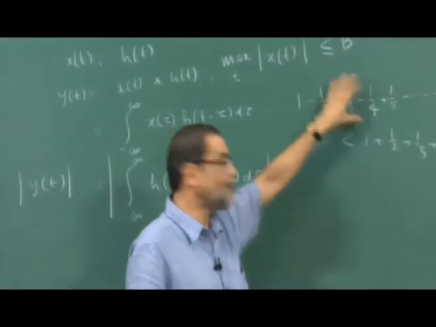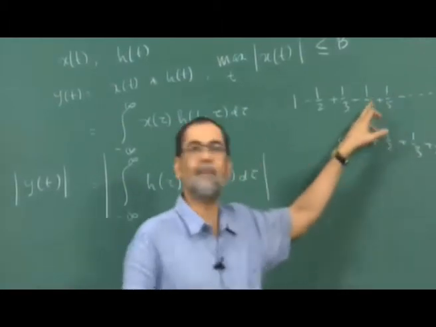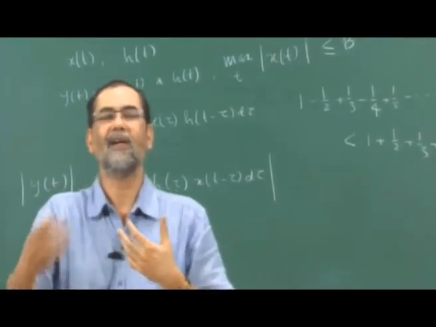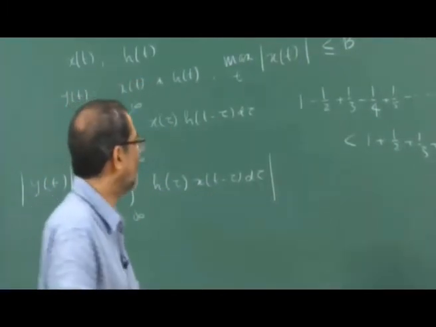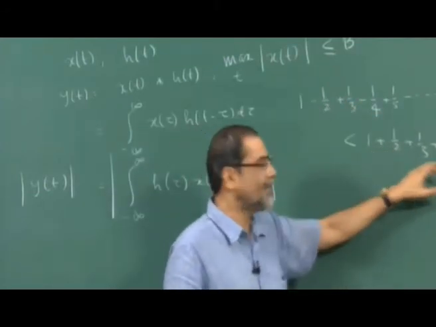So this has to be less than this, because here every term is positive, and here some terms are positive and some are negative, so it will be less than an equivalent place where everything is positive.